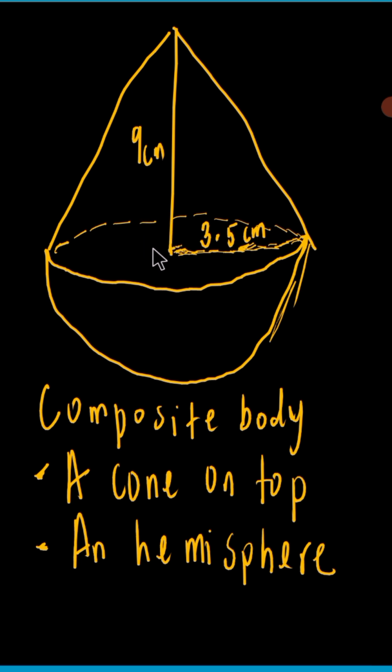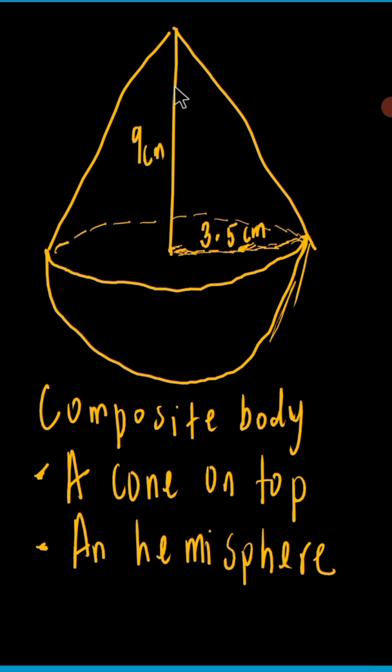Now, what is the surface area of this composite body? The surface area of this composite body will be equal to the curved surface area of the cone and the curved surface area of the hemisphere.